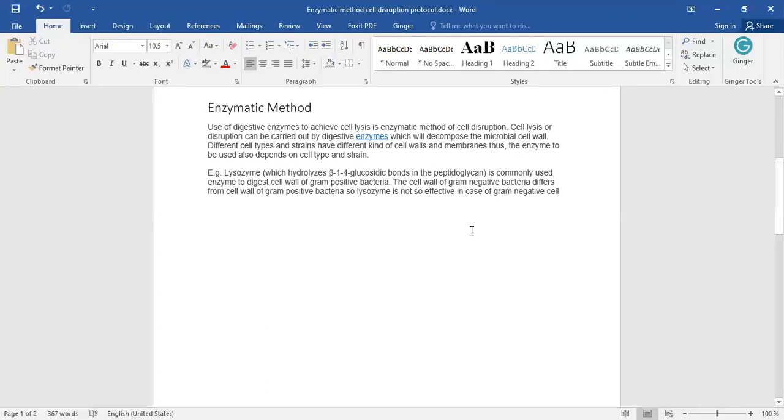Enzymes have some activity which can be used for the decomposition of the cell wall. An example is lysozyme. Lysozyme has the ability to hydrolyze the beta-1,4 glycosidic bond in the peptidoglycan.